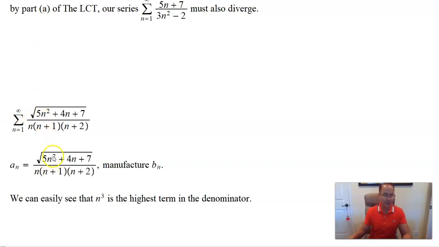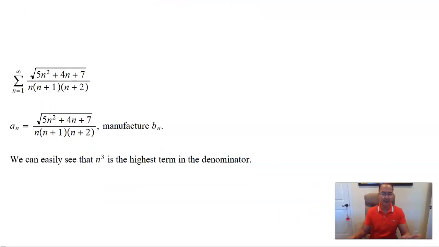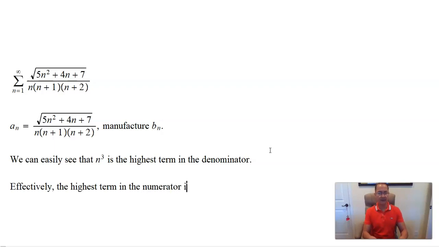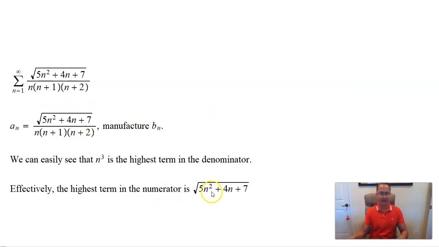Well, we have 5n squared, and then we have the square roots. So effectively, the highest term in the numerator is square root of 5n squared. I'll include the 5.